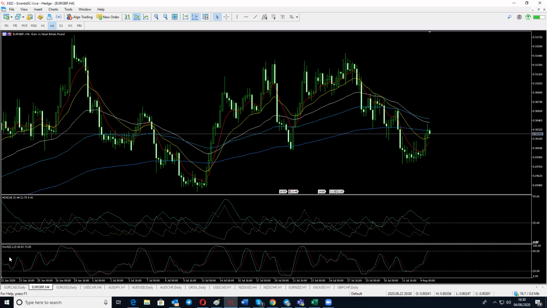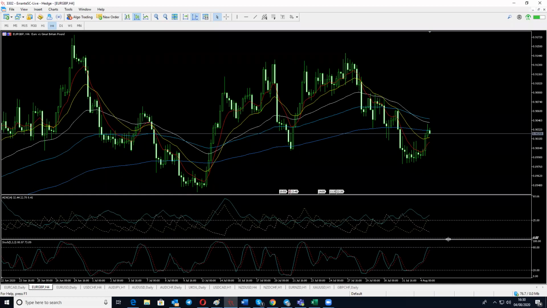The stochastics here is not for me to look into overbought, oversold. I've never used any oscillators, whether it's the stochastics or the RSI, for any overbought, oversold kind of thing. I like to use stochastics especially for reversal, just a rough idea whether there is a reversal or not.